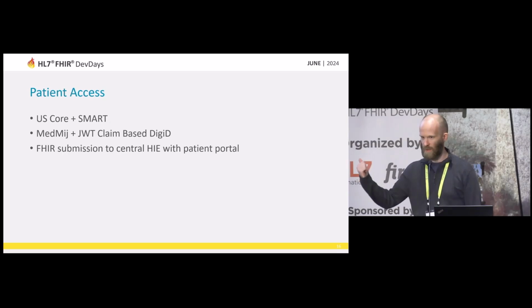But in the Netherlands, they have the MedMij program, which has a separate set of profiles with a JWT claim-based approach using DigiD, which is their national authentication solution. Other countries use a method of pushing FHIR data from EHRs into a central HIE that has a patient portal that patients can use. So even in the patient access space, there's variability. For e-prescribing, there are at least three different efforts I'm aware of trying to use FHIR for e-prescribing, and they're very different approaches.